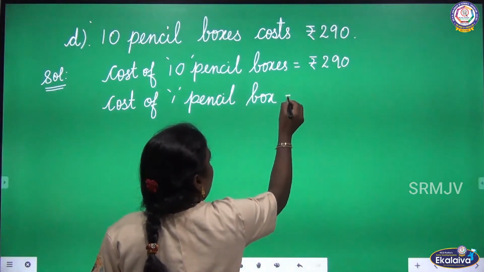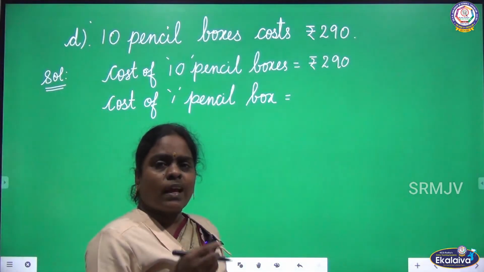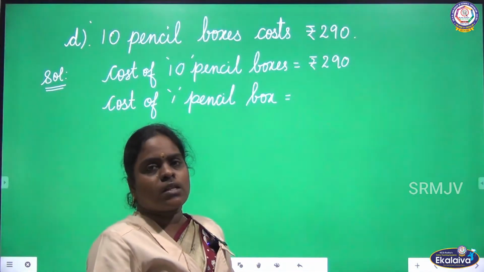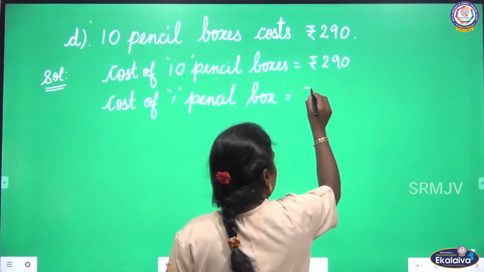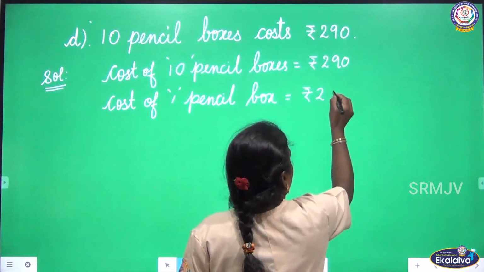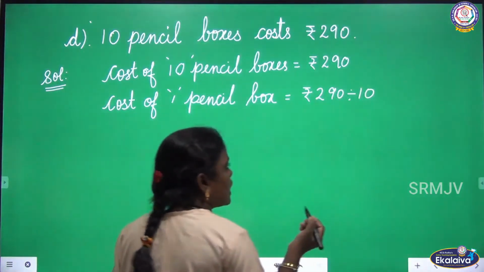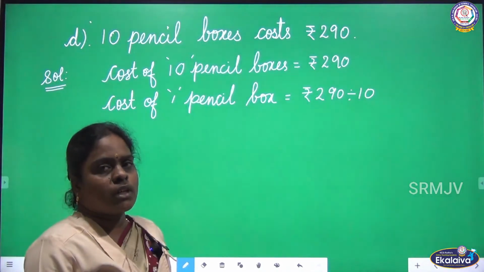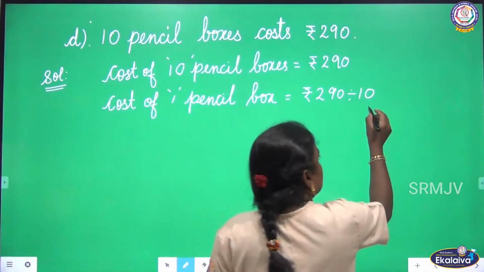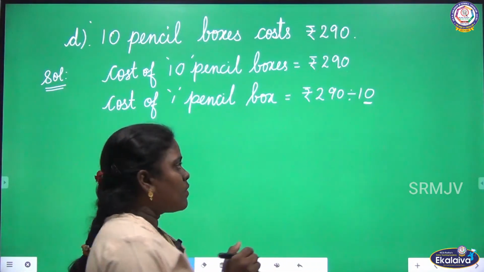Tell me, how can we find out the cost of one pencil box if the cost of 10 pencil boxes is given? We just have to divide the amount 290 by 10. We have learnt the short way to find the quotient when the divisor is 10. Let us use the short way.